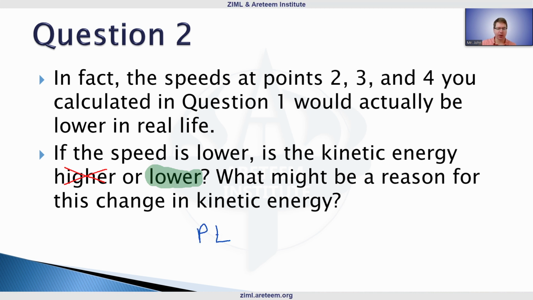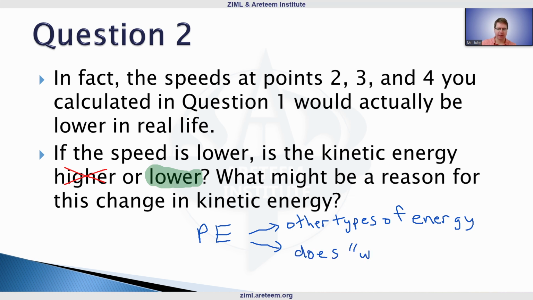So the potential energy gets turned into other types of energy. Or you might say this in other ways as well. I'm putting this in quotes, but this is a real physics word. It does work. That potential energy is doing something else rather than just being turned into kinetic energy.